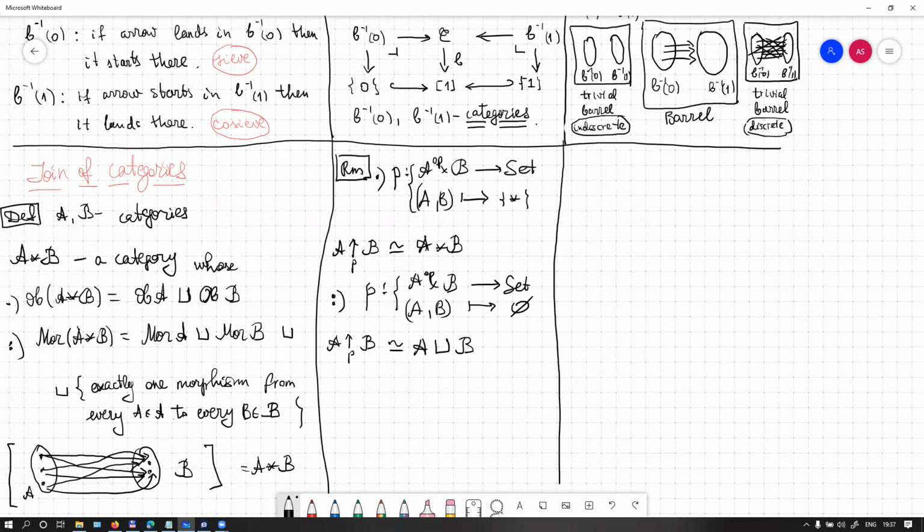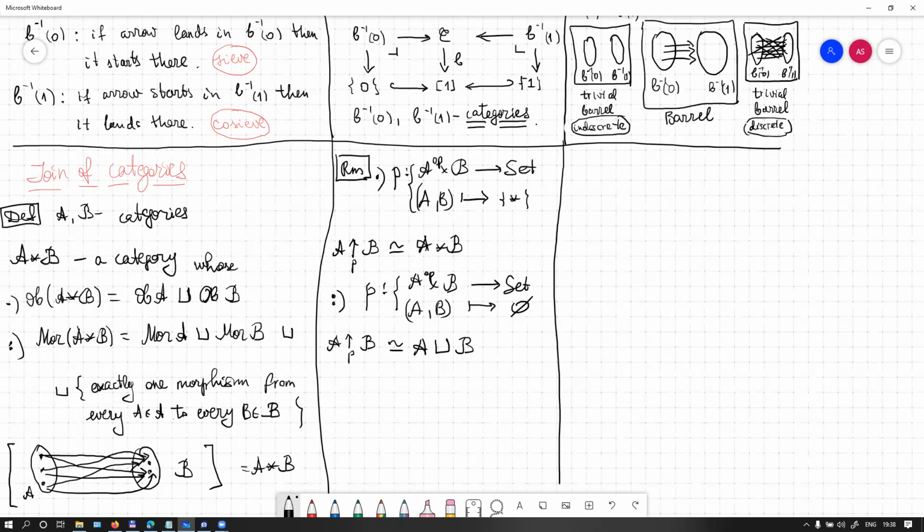Coproduct of categories, as I told you in the beginning: put on the left one category, put on the right another category, and they have no intersection, but together they still form a category. That's just a trivial example of our joins.